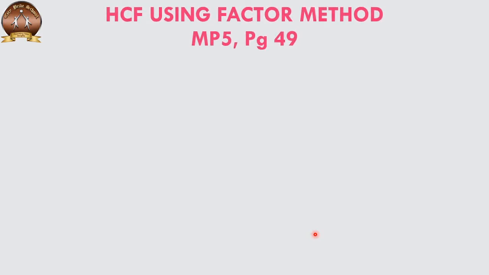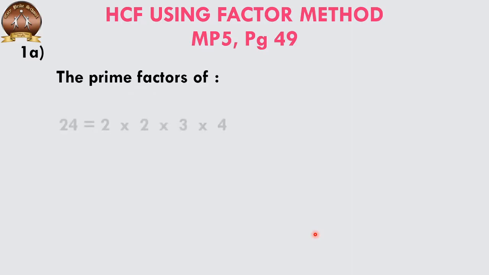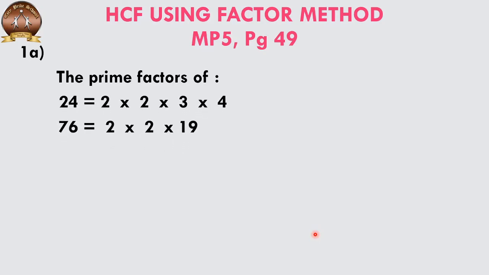Now let us look at questions related to HCF using the factor method. Here I have not made the factor trees, but we are going to look for the prime factors of 24 and 76. Then we will see what factors are common. Here you can clearly see that 24 can be written as 2 into 2 into 2 into 3. 76 can be written as 2 into 2 into 19.